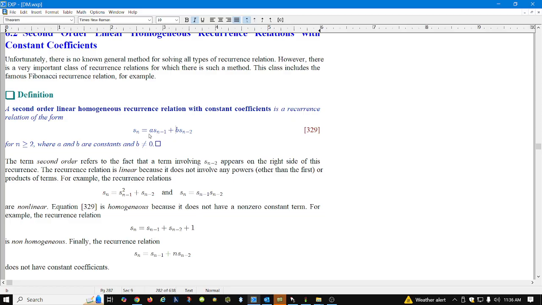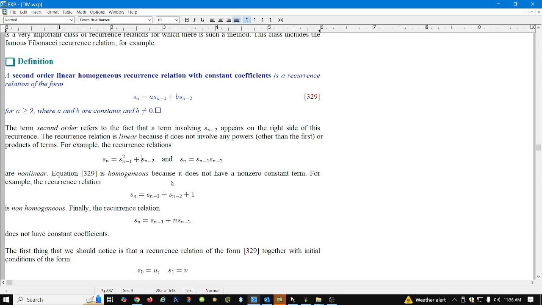If this was Sn minus 1 times Sn minus 2, that wouldn't be linear. So, for example, this one's a non-linear recurrence relation. This is also non-linear because it has Sn minus 1 squared.